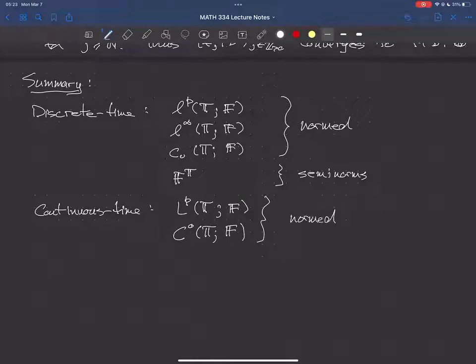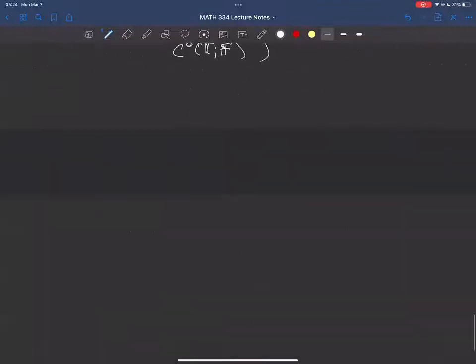And then we had C0,0, the ones that went to 0 at infinity, and infinity could include an open boundary. And then the semi-normed ones were L^p loc and C0 loc. So these ones have seminorms.